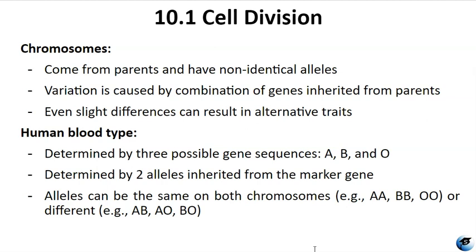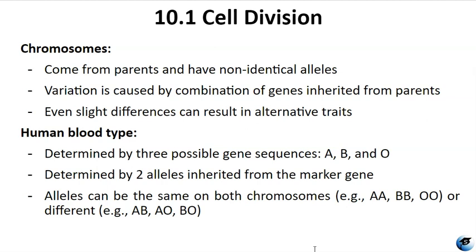There's 3 possible gene sequences on the human chromosome that determine blood type: sequence A, sequence B, and sequence O. Since we have 2 copies of the chromosome responsible for blood type, our blood type is determined by the 2 alleles or gene variants that we inherit. We can have 2 copies of the same gene sequence, like AA, BB, OO, or from different sequences like AB, AO, BO.